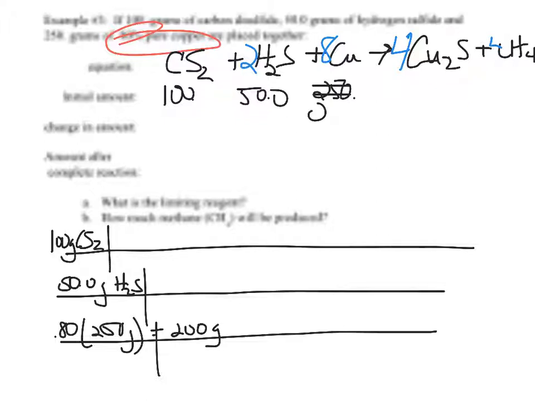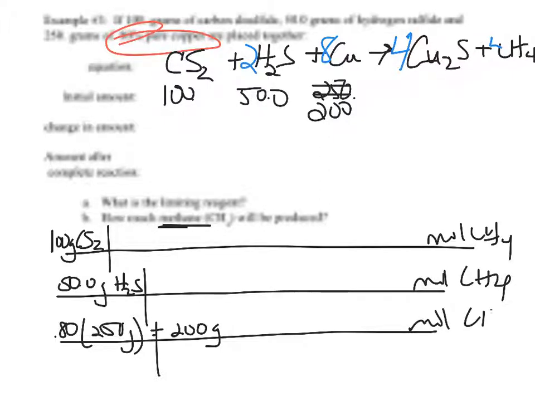So this is going to be 200 grams of copper instead of the regular, but in all cases, it doesn't really tell you which one to calculate, so I would just do the one that's easiest since it doesn't specify, or if you look ahead, you want to know methane, so I'm going to calculate moles of CH4 for each of these.